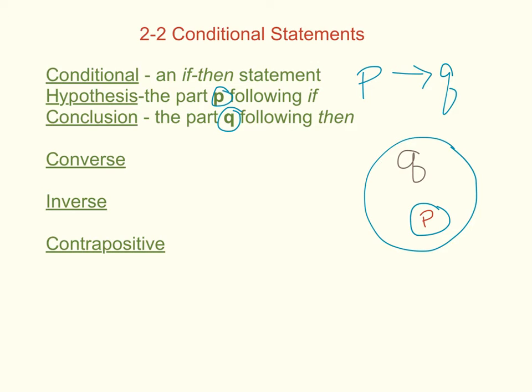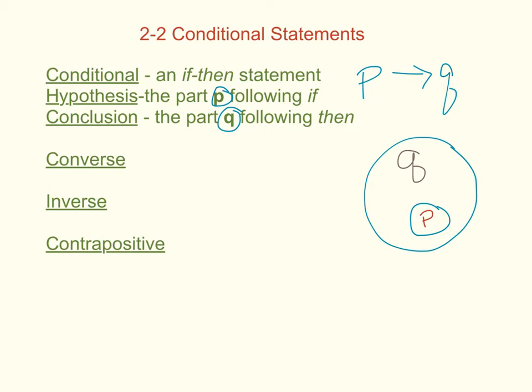So to write a conditional statement, you're going to use the given hypothesis and the given conclusion that they provide you in the question, and you're going to write it as if P, then Q. So for example, if it said, if the measure of angle A is equal to 15, then the measure of angle A is acute. Well, the measure of A equals 15 was my hypothesis.